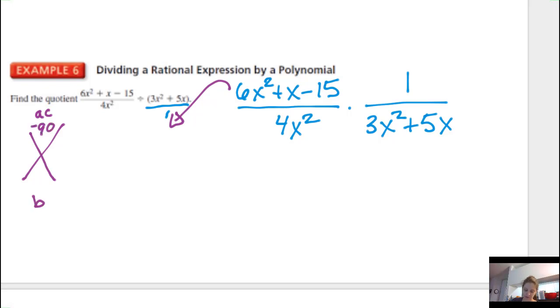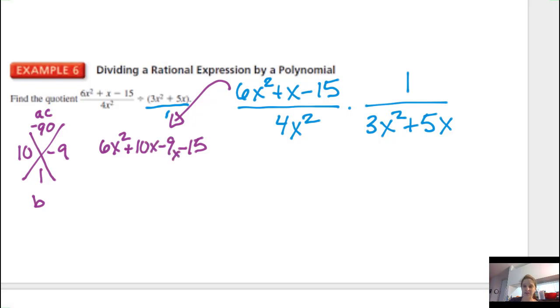And so I'm looking for 2 numbers that multiply to negative 90 and add to 1. That's 10 and negative 9. We rewrite 6x squared, we have minus 15, and I'm going to add the 2 linear terms of plus 10x minus 9x.